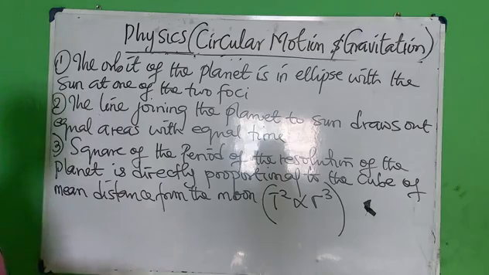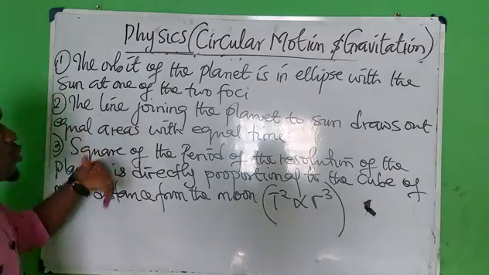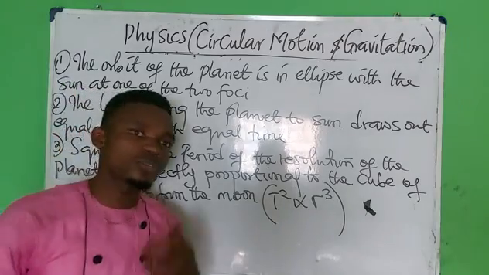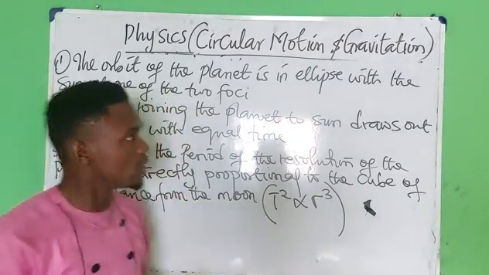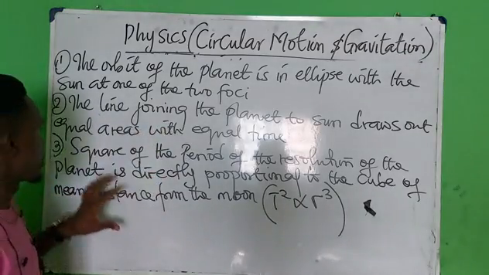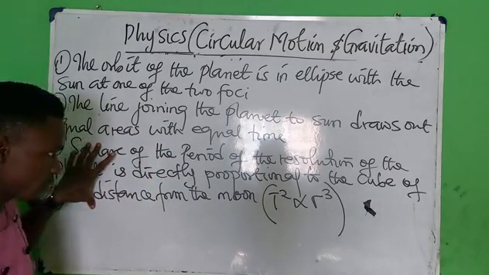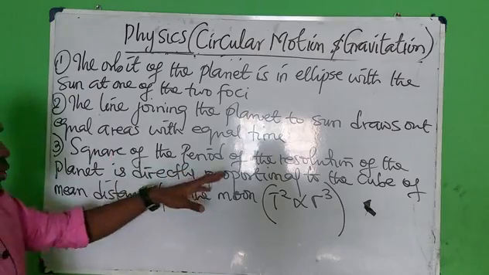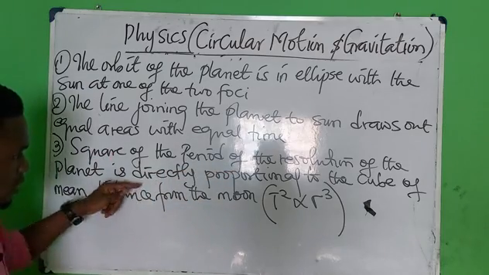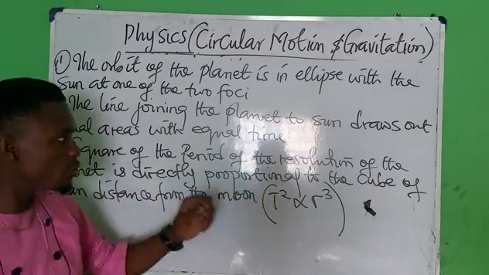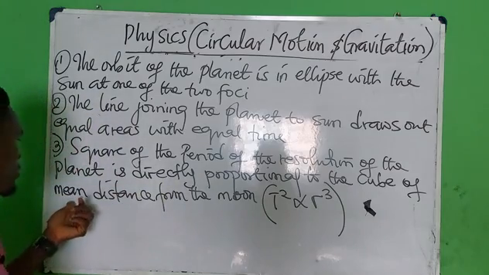So these are the three laws as stated by Kepler. They'll ask which of the following is false about Kepler's law of gravity, so take note of these three laws. This first one caught my attention. It said that the square of the period of the revolution of the planet is directly proportional to the cube of the mean distance.